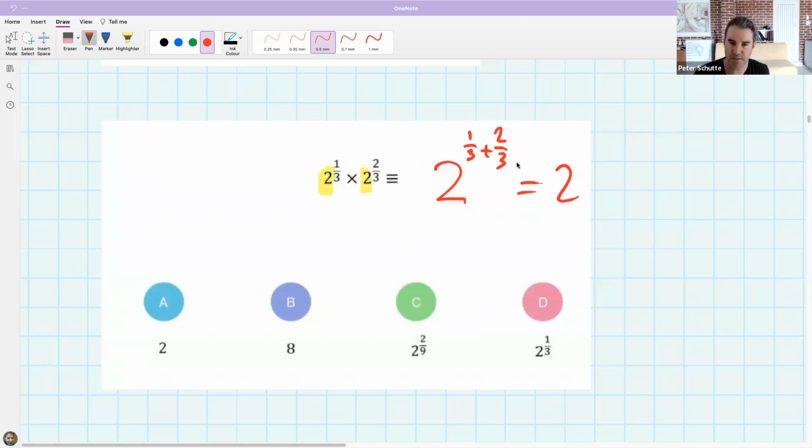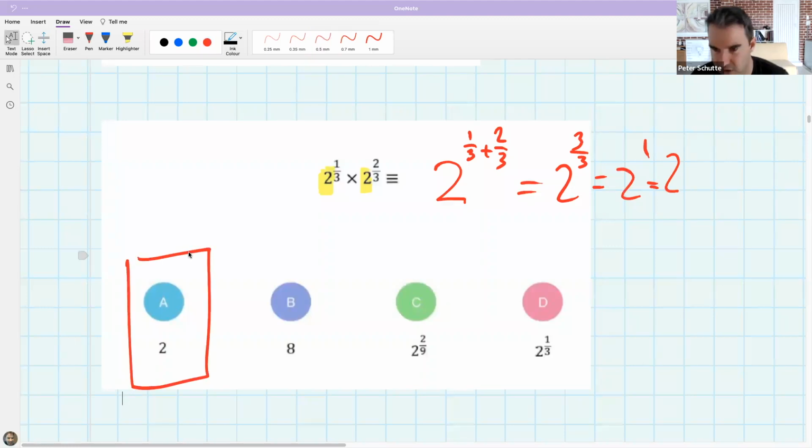If they both have denominators of 3, it's just going to be 2 to the power of 3/3, but that means it's 2 to the power of 1, which means it's 2. So A is going to be the correct answer. And if I look at the chat, it's a lot of A's.